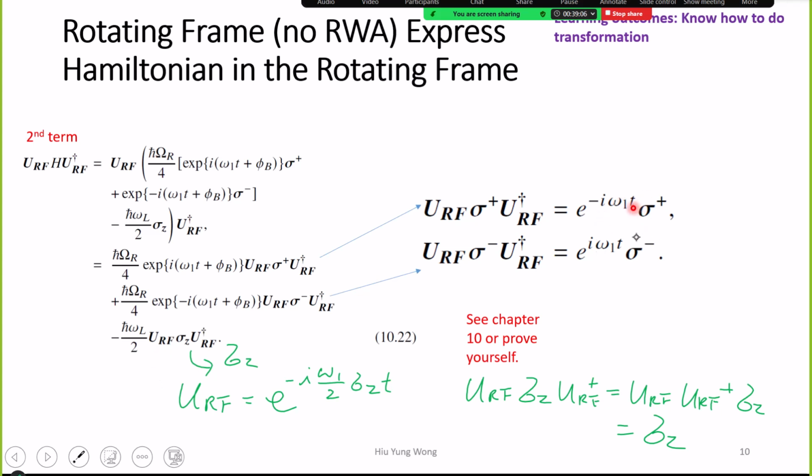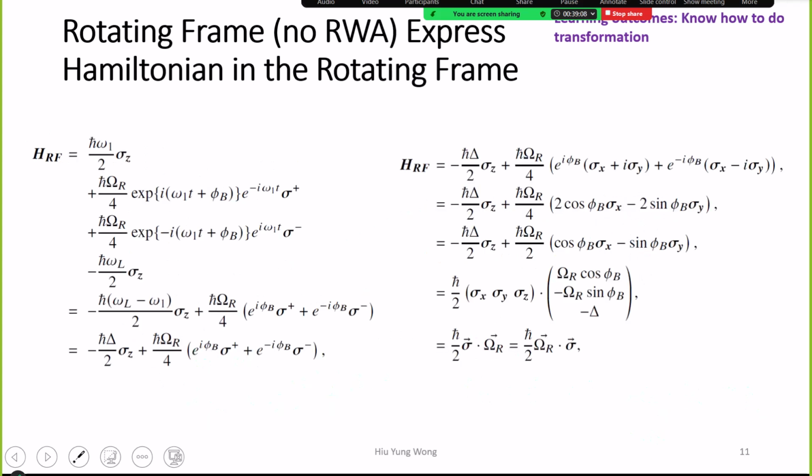And then I have these two terms, sigma plus and sigma minus, right? So that's how I get it. I have omega L minus omega 1. And this is an important concept which we discussed earlier. It always depends on the context, but they are all called detuning. This is another detuning.